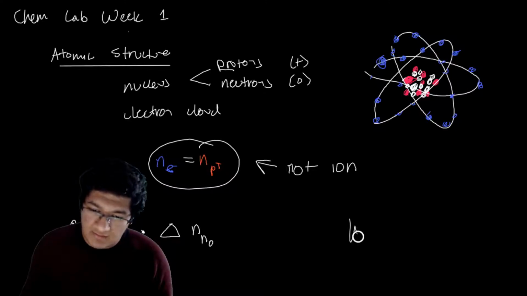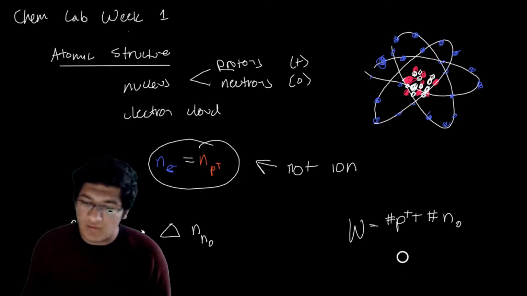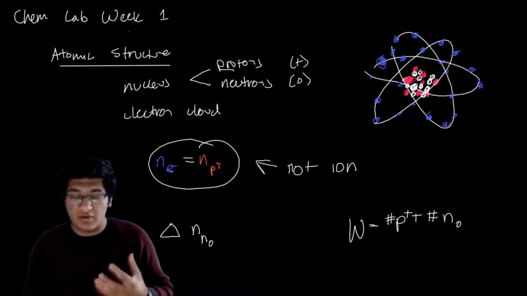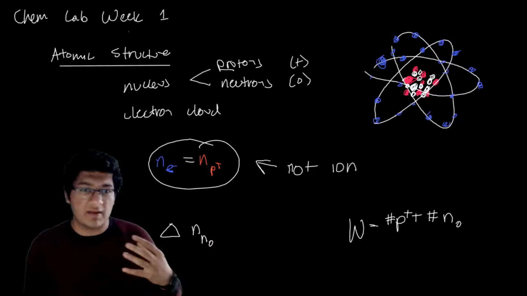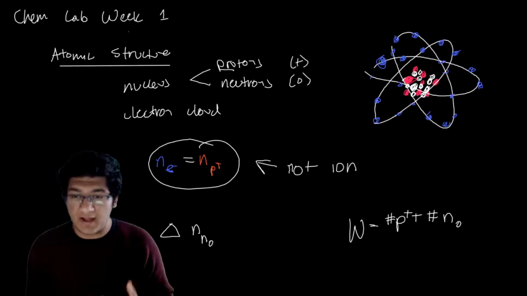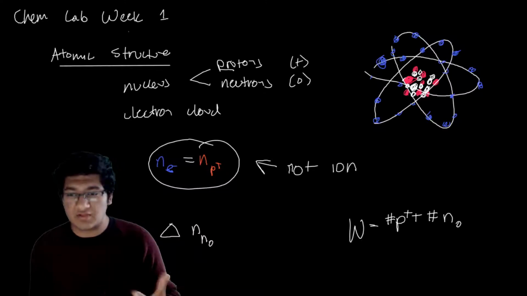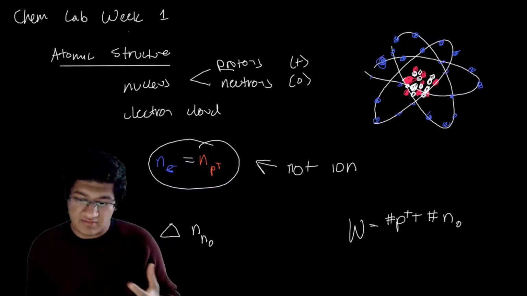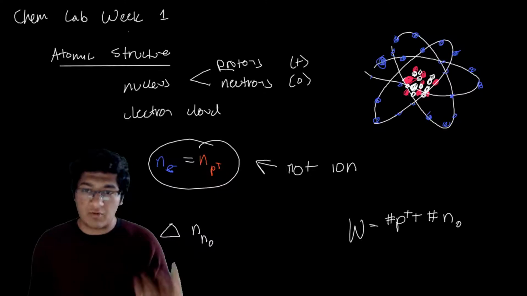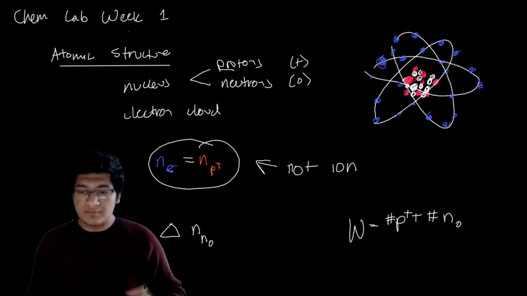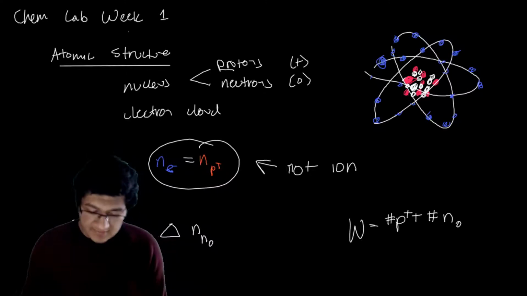Weight is equal to the number of protons plus the number of neutrons. This is because the nucleus itself makes up most of the mass in the atom, and the electrons have negligible mass. So the weight is mainly determined by the number of protons and neutrons present in the nucleus.